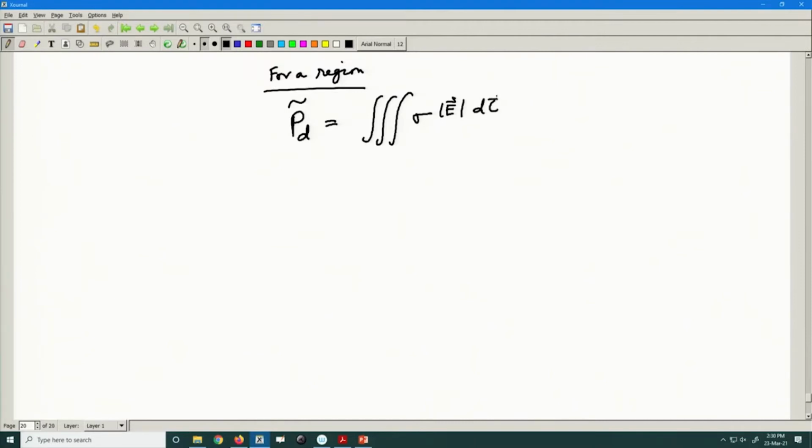We just integrate over the region of space similar to the instantaneous domain. W E tilde is half epsilon mod E square d tau.